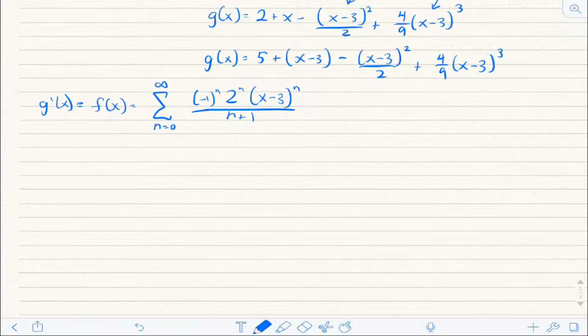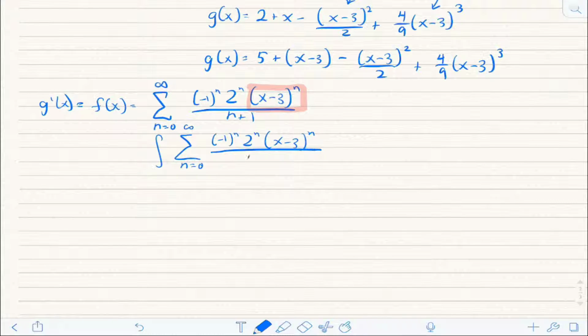So we have to isolate the terms of x, and that's this section right here. If I were to say, what is the integral of the sigma notation, n equal to 0 going to infinity, of -1 to the n, 2 to the n, and then x minus 3 to the n over n plus 1, with respect to x?